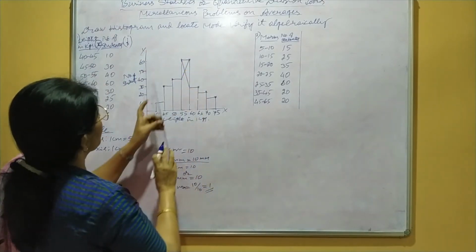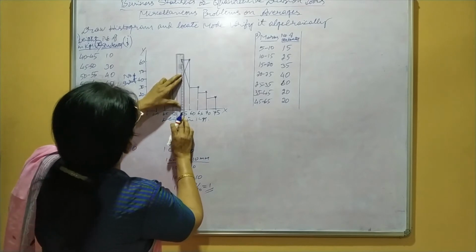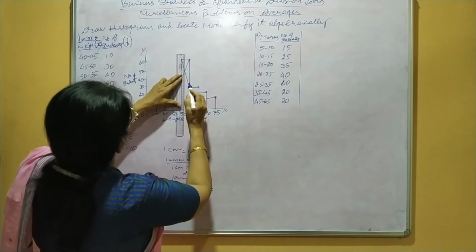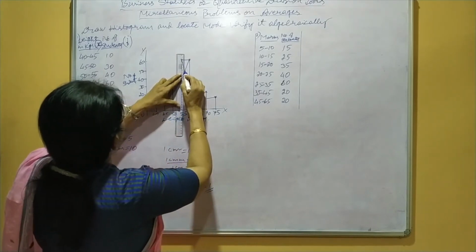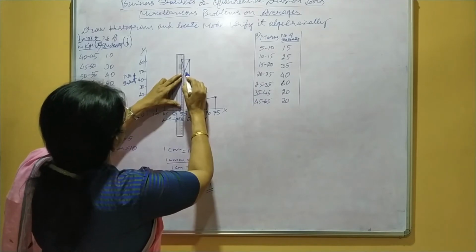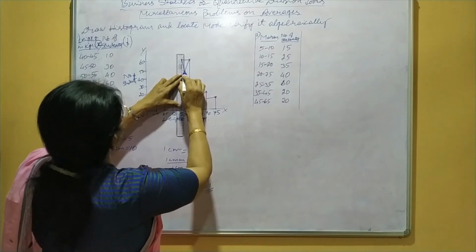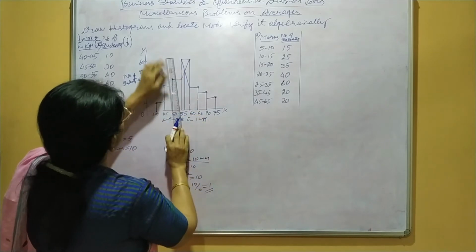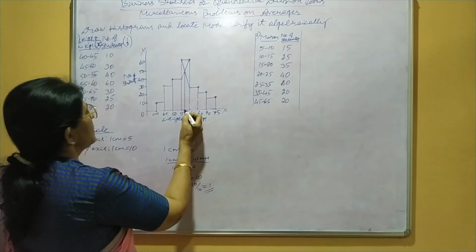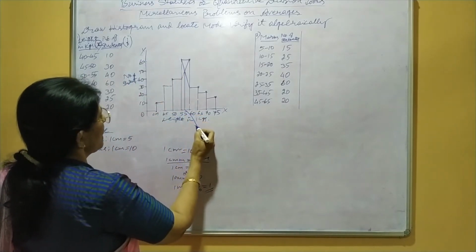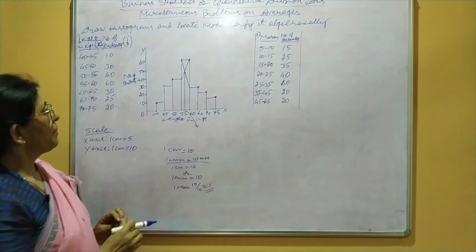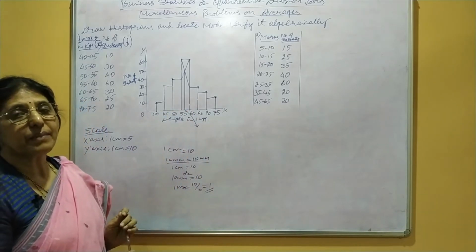From that point, draw a straight line perpendicular to the x-axis. Now here you have to take the reading at this point, that is nothing but the mode.